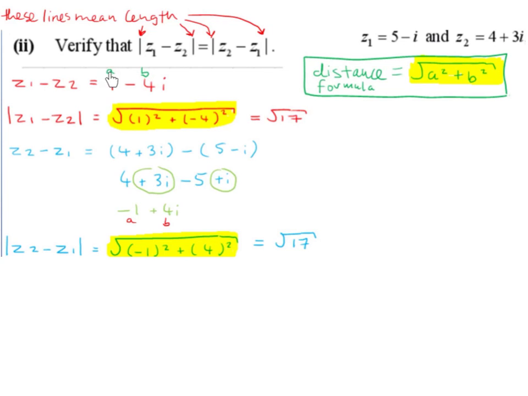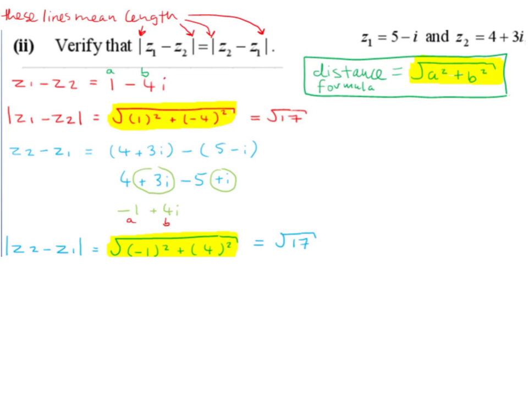The real part is the a, and the imaginary part is the b. So we have a big square root, 1 squared plus minus 4 squared.